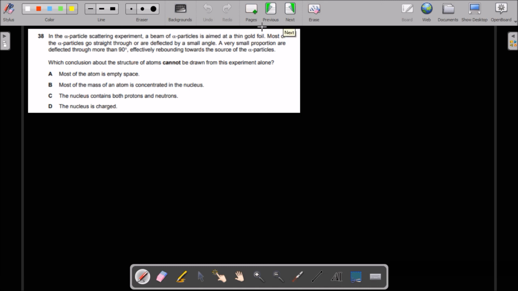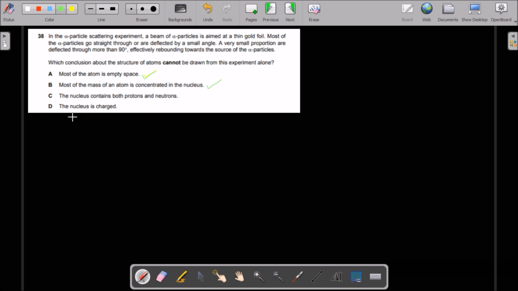If you look at the four choices, A is most of the atom is empty space. This is a result of the alpha scattering experiment. B, most of the mass of an atom is concentrated in the nucleus, is also a result of the alpha scattering experiment.